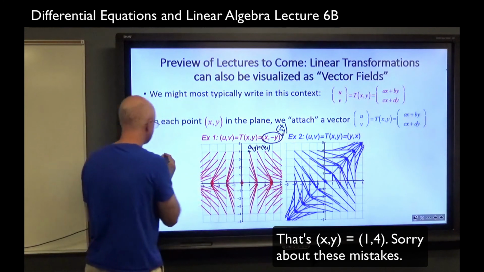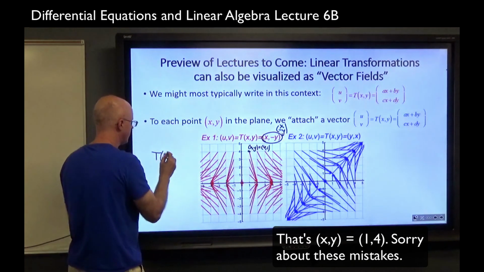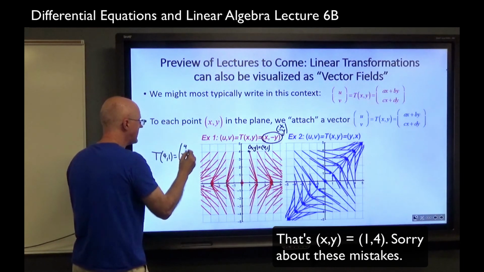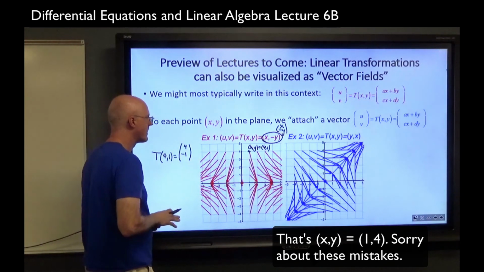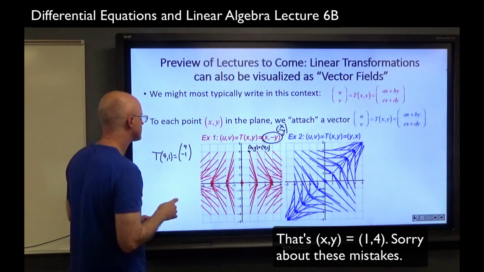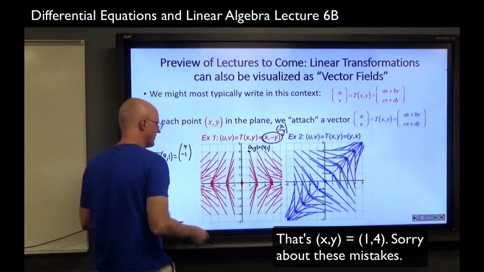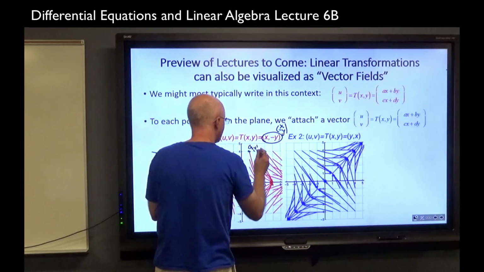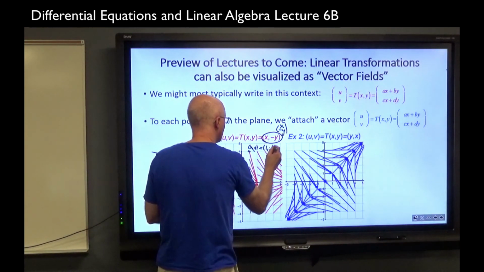The output, T of 4, 1... that doesn't look right. Oh, I got the point wrong. 1, 4.